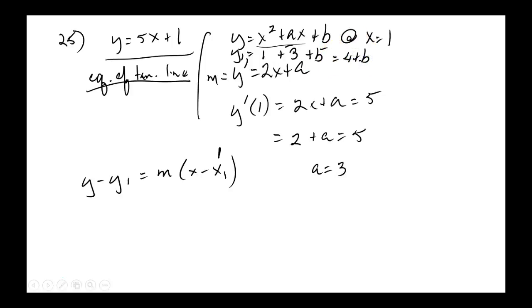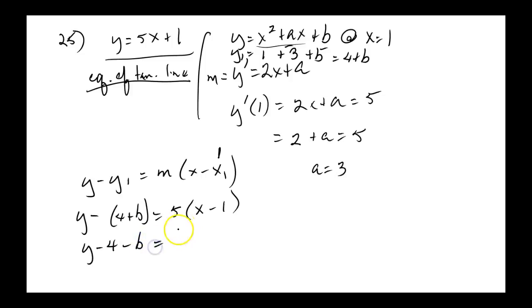Okay. So we know that y minus 4 plus b is equal to m, which is our 5, times x minus 1. So y minus 4 minus b is equal to 5x minus 5.